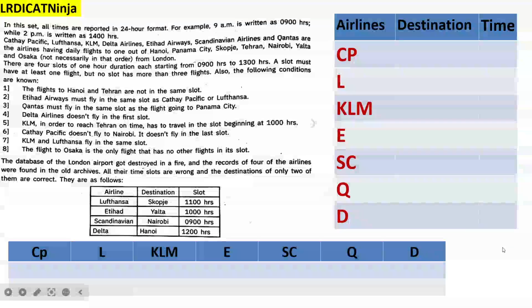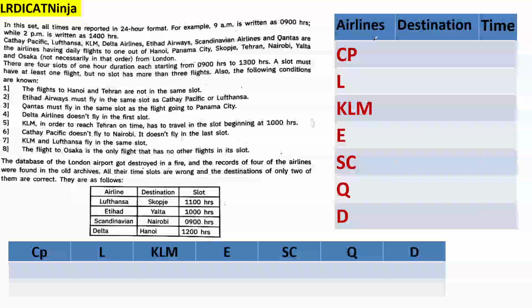Okay, so as you can see, what is given in the question? There are two things given in the question. The one is the airlines, the destination, and the time slot. So what I have done, I have created a table, which is very important: how do you present the data? Because the airline is fixed, I have fixed the airline.